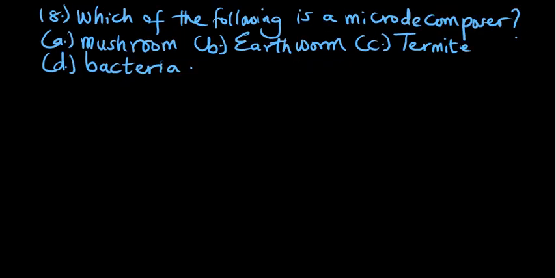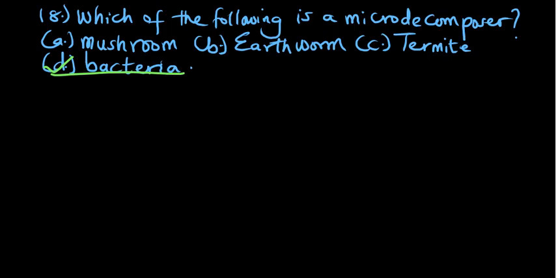Which of the following is a micro decomposer? If we ask you this question, the answer is bacteria. Please take note. Protozoans and bacteria are the chief decomposers that are microscopic.